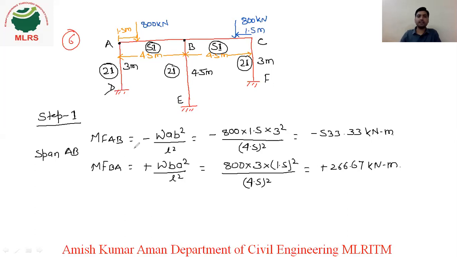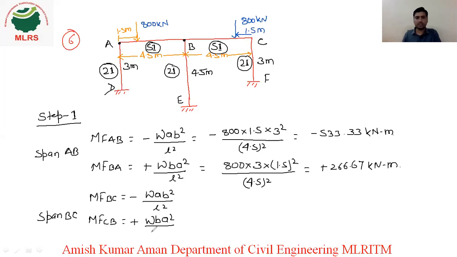Now we will go for span BC. So span BC, MFBC and MFCB. See, the loading condition is same, so the formula will be same. Since we are starting from B, it is minus here and plus here. So minus WAB square on L square, and for this it will be plus WBA square upon L square.